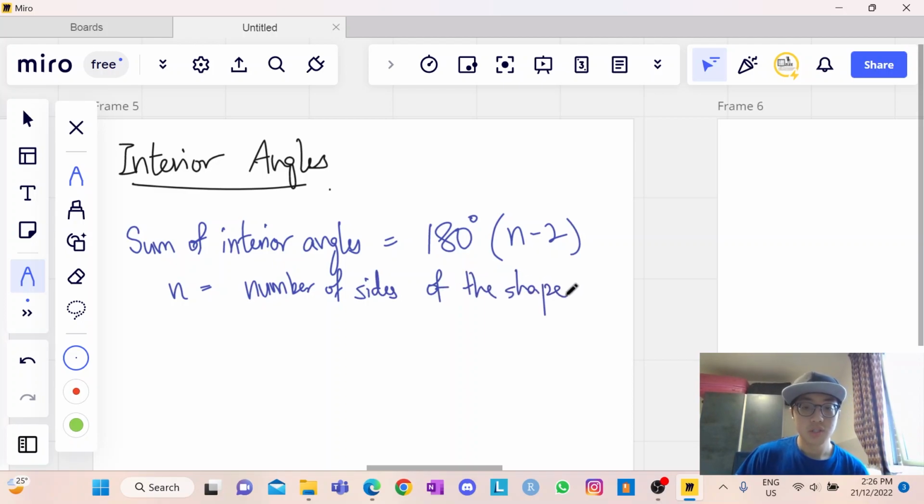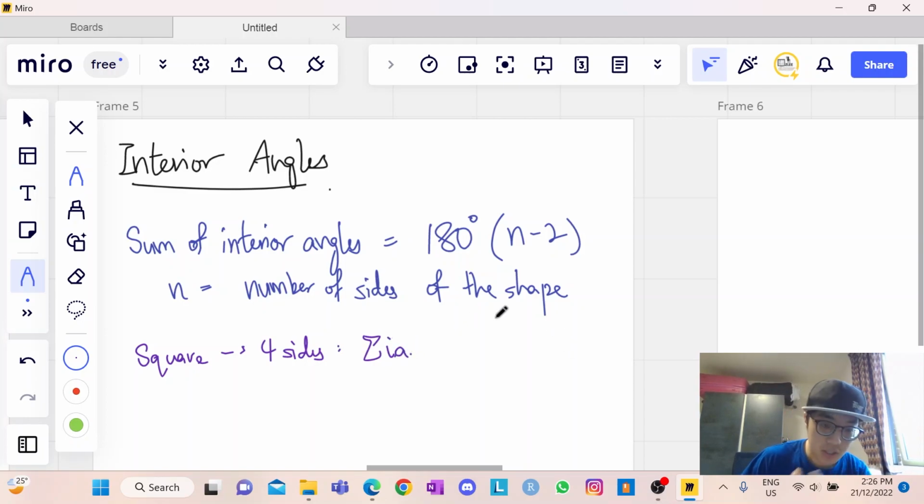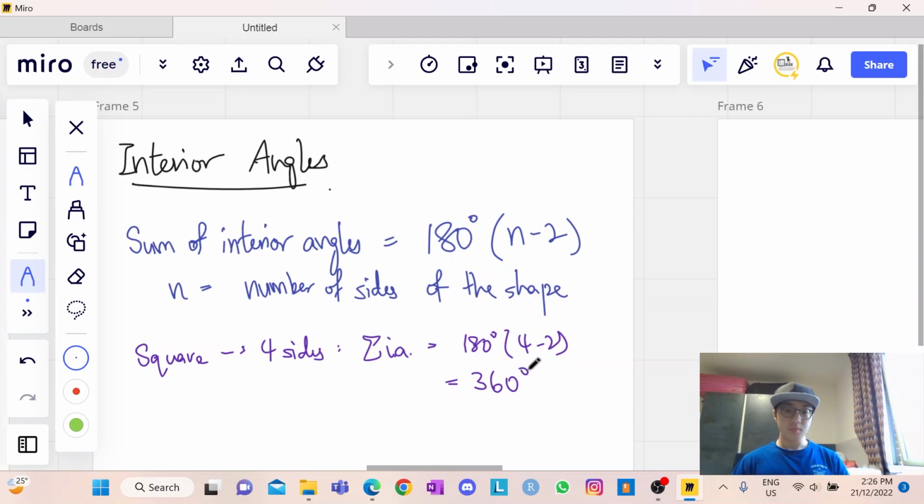If we use a square, a square has 4 sides. Therefore, the sum of the interior angles, I'm just going to use IA here because I'm lazy, will equal 180 degrees multiplied by 4 minus 2. There you get 360 degrees. So you see how it works.